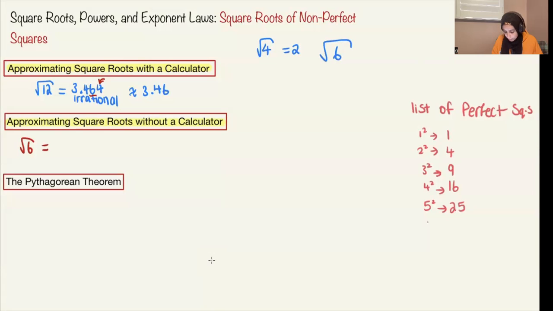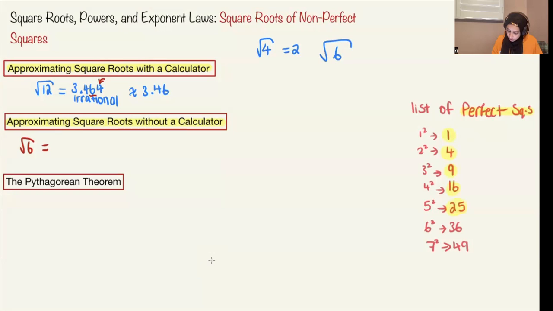I'll list a few more. 6 times 6 is 36. Let's do one more. 7 times 7 is 49. Okay, so these over here are our perfect squares. I'm going to highlight the perfect squares. Okay, so these are our perfect squares.